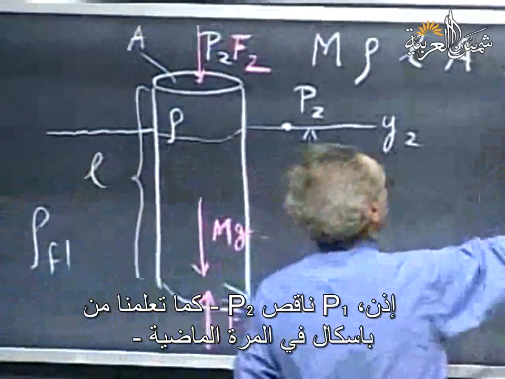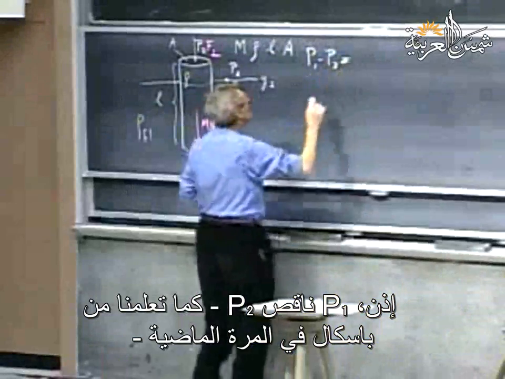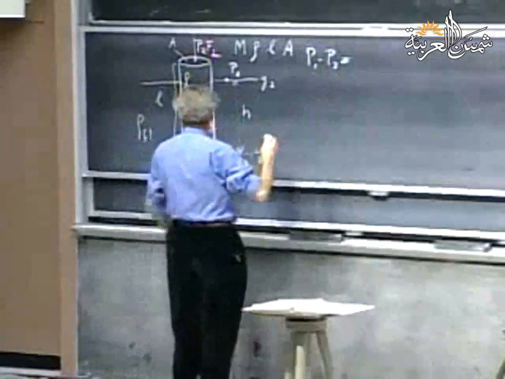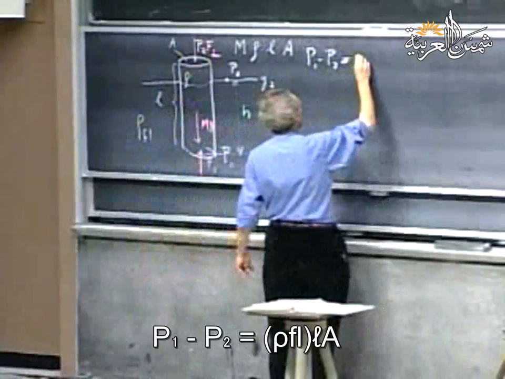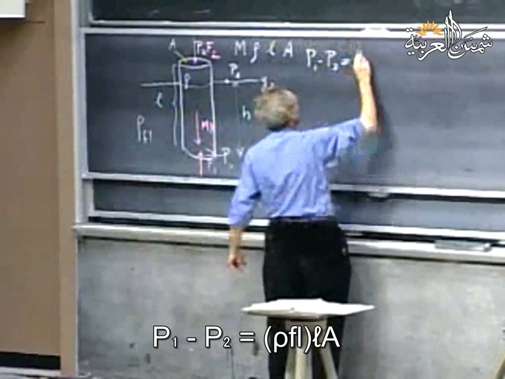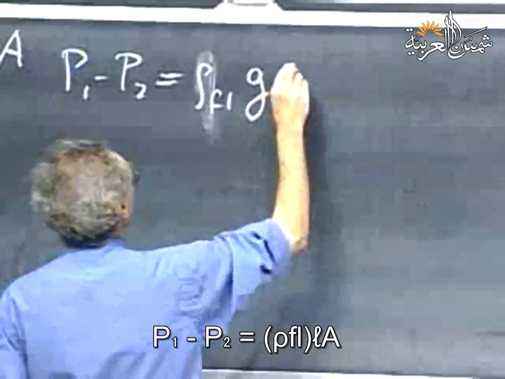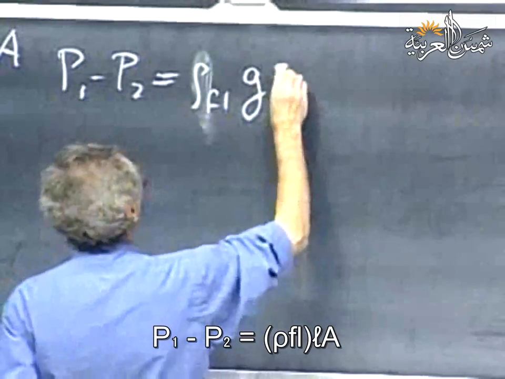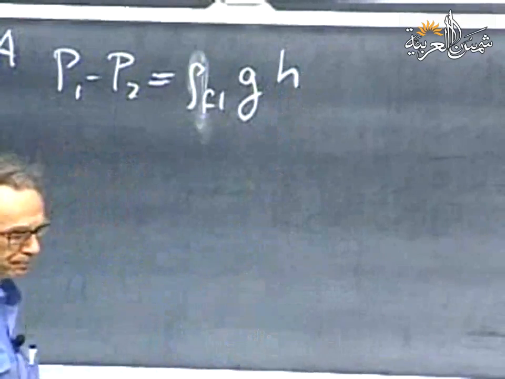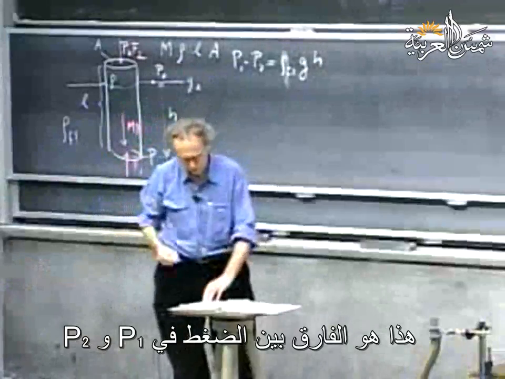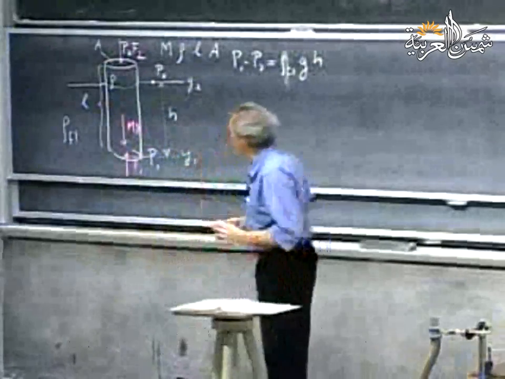So P1 minus P2, as we learned last time from Pascal, equals ρ of the fluid, G times Y2 minus Y1, which is H. So that's the difference between the pressure at P1 and P2.